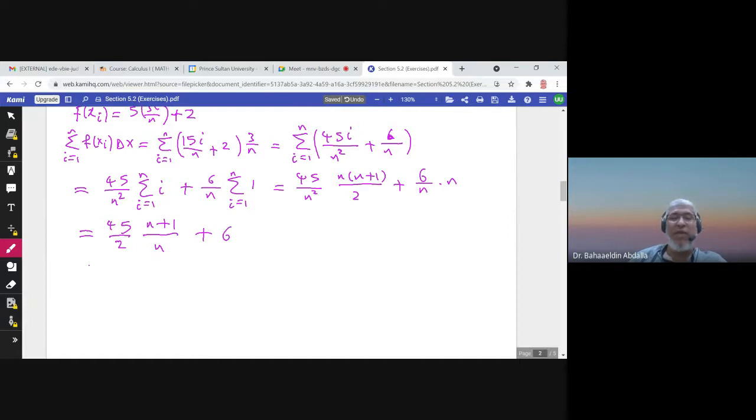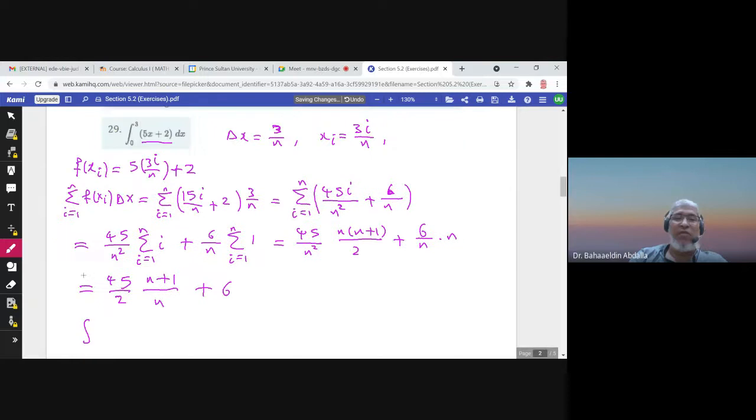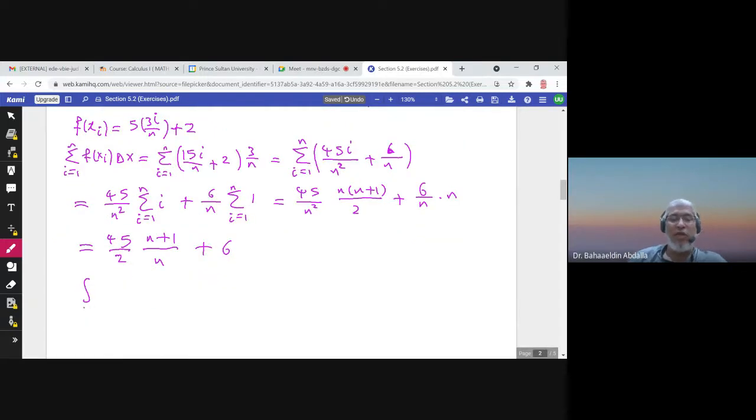Now I can find the definite integral from 0 to 3.